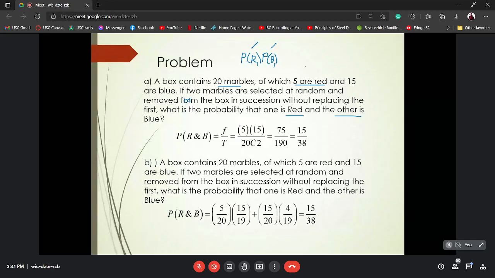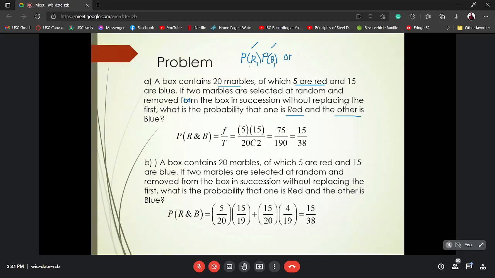So I would say P(R1) P(B2). But it's also a possibility that the first draw is a blue marble and the second is red. So there is now a connective OR.